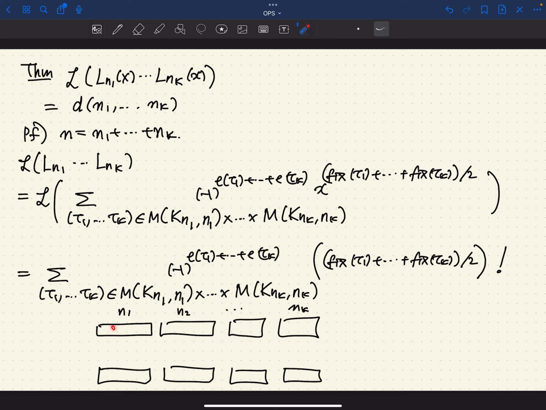From this, you connect just freely among them. That gives us tau 1. So you basically connect them like this, and then you also connect them like this. Then there are some missing dots, right? Some fixed points. Maybe something like this.